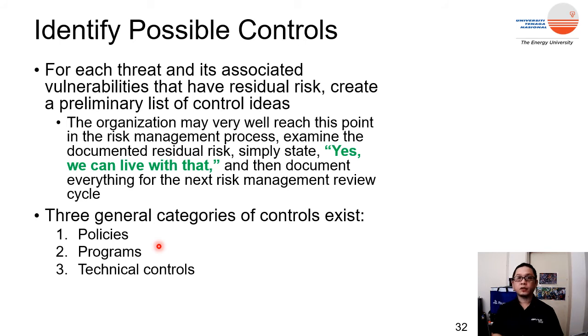In terms of vulnerability, perhaps you can patch certain weaknesses in the system to enhance the security of the asset against the threat. So it can work together, either you have policies, programs, and technical control all together to protect the asset.